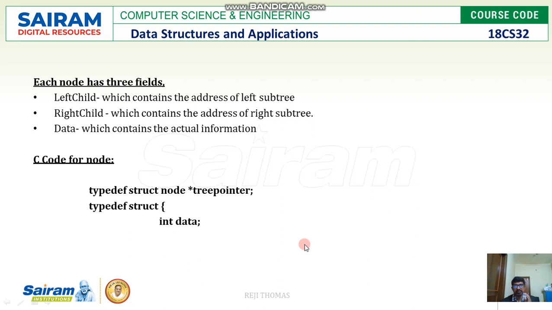The first member is the data, which is going to store the actual information, and there are two tree pointers. One is for the left subtree, which we have taken as left child, and the other is for the right child. Please look at their type: the types are tree pointers. And we are done with this C code.